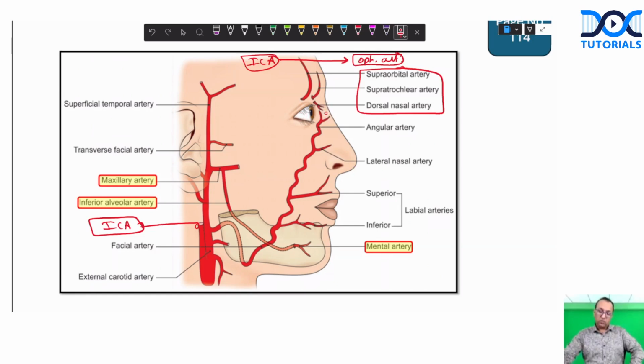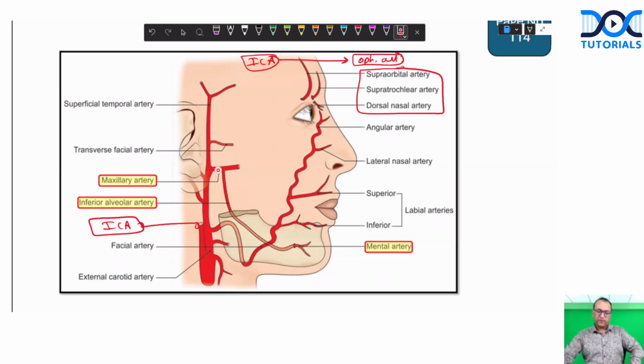Now, one other thing which you notice is that the maxillary artery supplies the lower teeth by giving the inferior alveolar artery. This maxillary artery is a terminal branch of the external carotid artery.